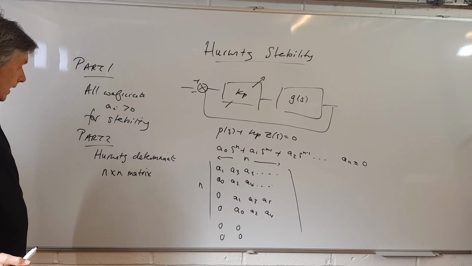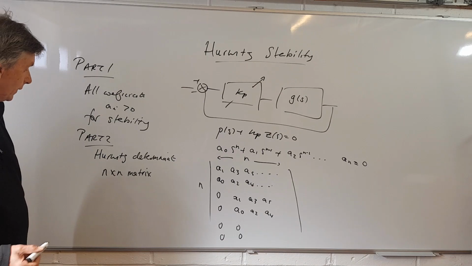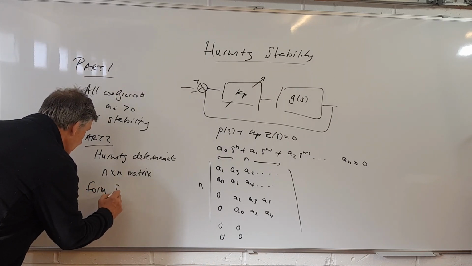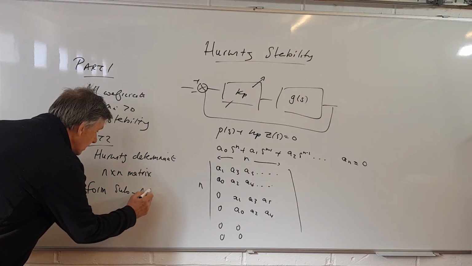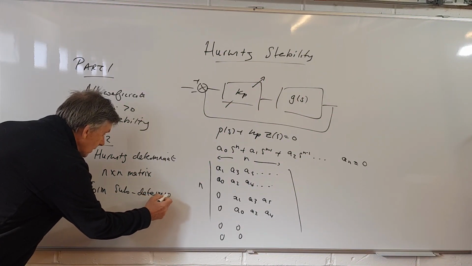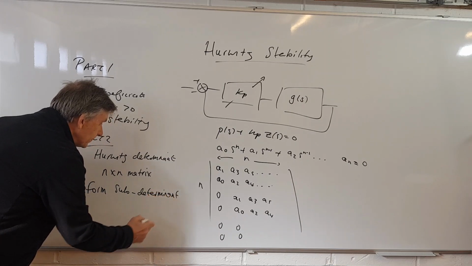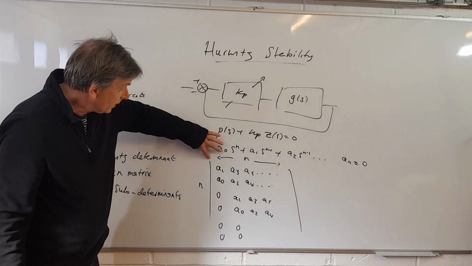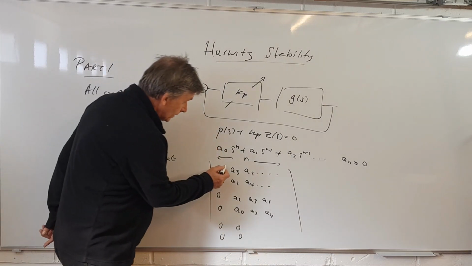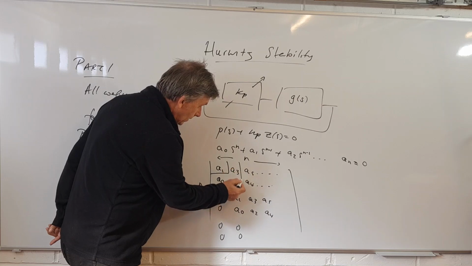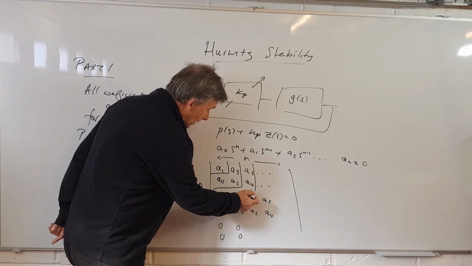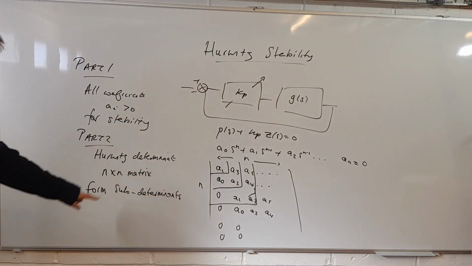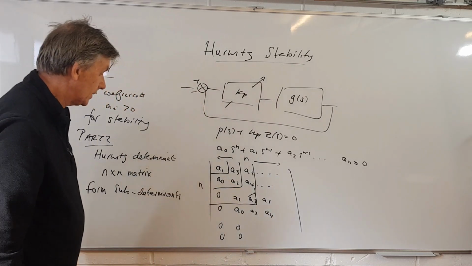Now, the next stage with the Hurwitz matrix is we form subdeterminants. And these subdeterminants we form from the top left-hand corner. So we form one there, one there, one there, like that. And these now have names associated with them.